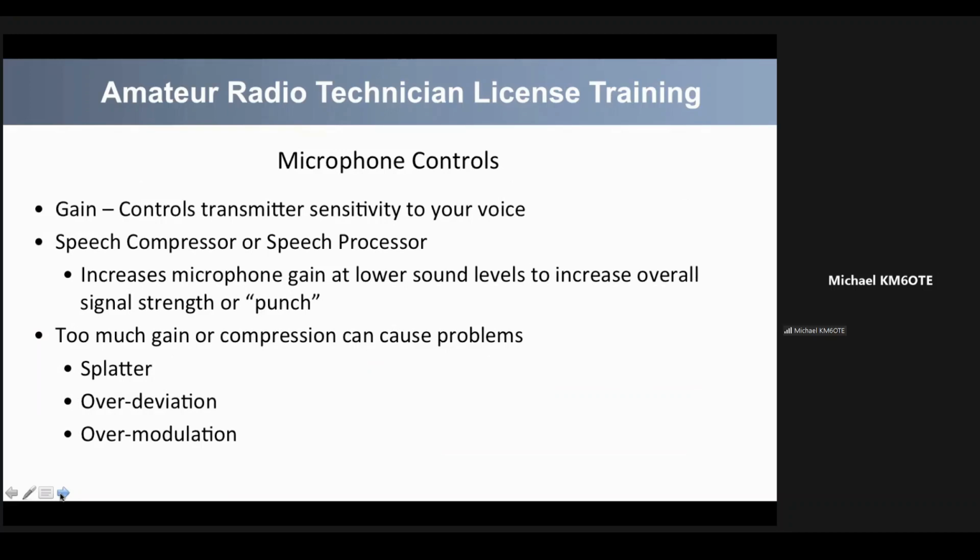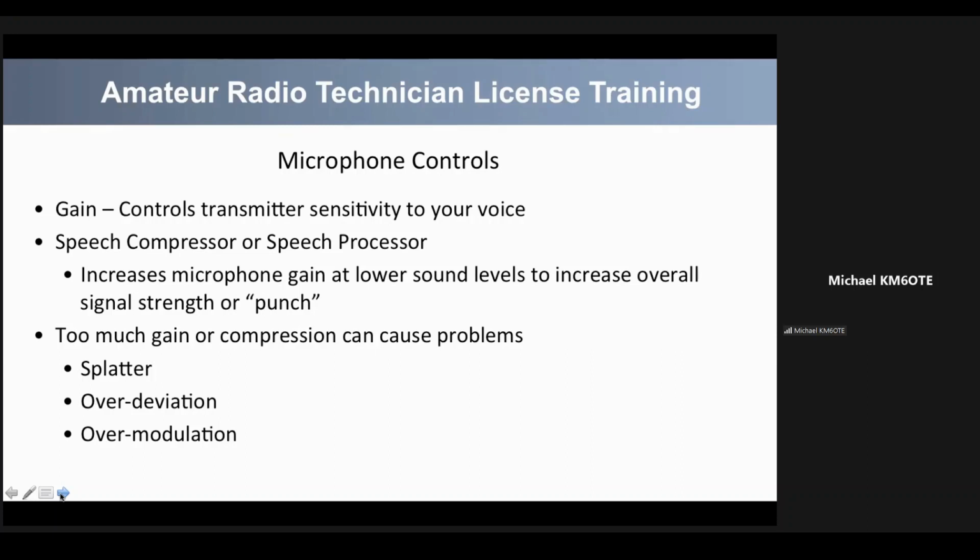Okay, microphone controls. On your radio, you will have controls for gain. There will be something called a speech compressor or speech processor that allows your radio to give you a signal that's understandable at lower sound levels.